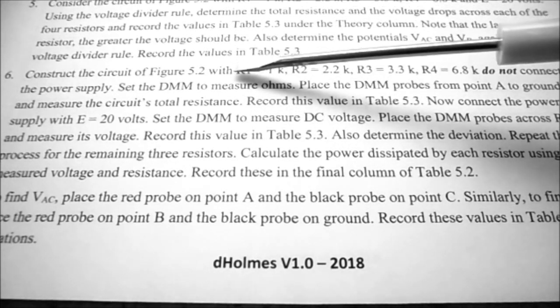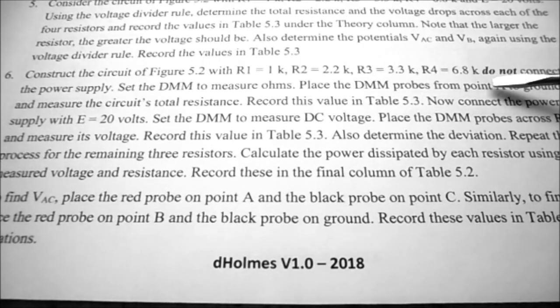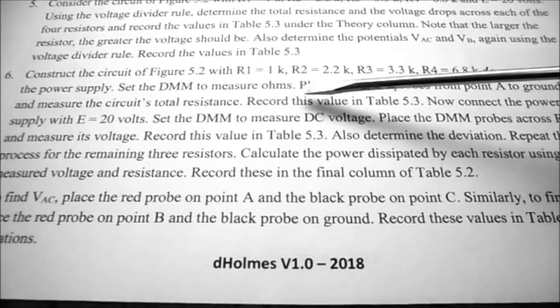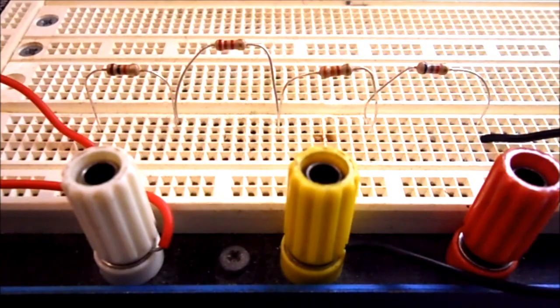We're going to set the DMM to measure ohms, and we're going to place the probes from point A to ground to measure the circuit's total resistance and record this value in table 5.3. So I've constructed the circuit of figure 5.2.